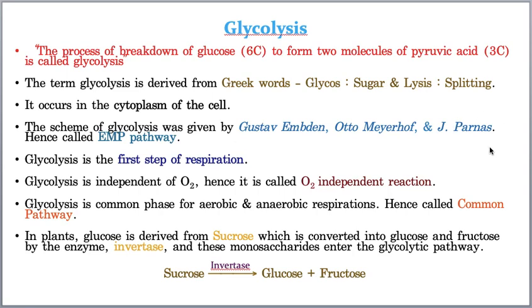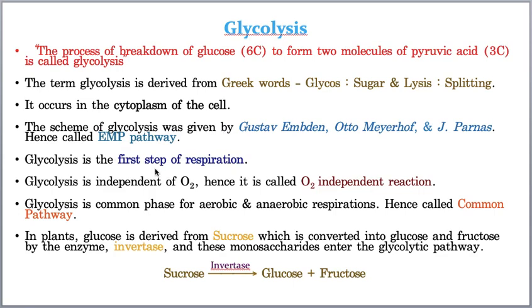Because Emden, Meyerhoff, and Parnas gave this mechanism collectively, in respect of these three scientists we call it the EMP pathway, where E means Emden, M means Meyerhoff, and P obviously means Parnas. So glycolysis is also called the EMP pathway because it was described by Emden, Meyerhoff, and Parnas.